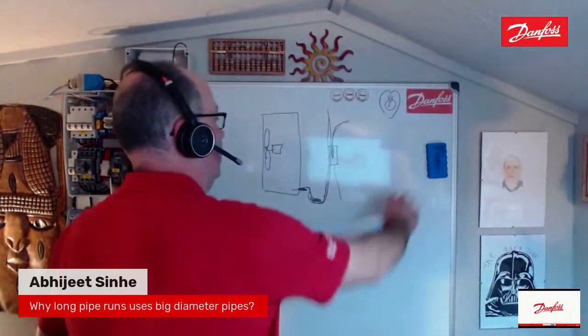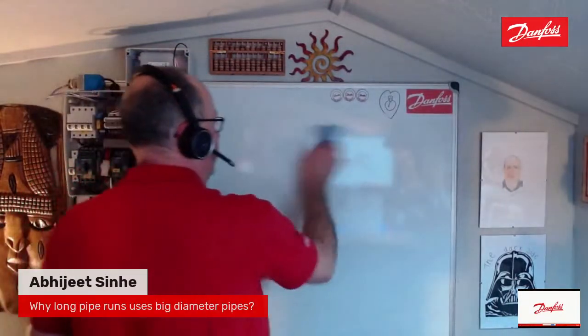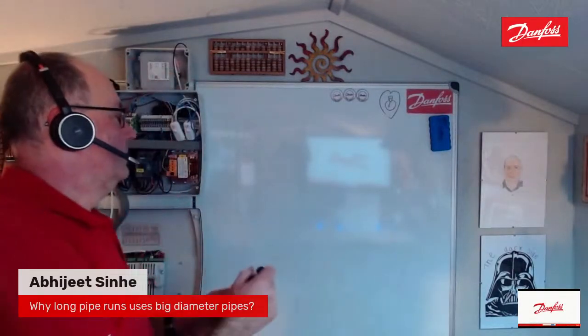Abhijit asks another question: why do long pipe runs use bigger diameter pipes? Again, it's sort of simple, and I try and look at things in a very simplistic fashion.